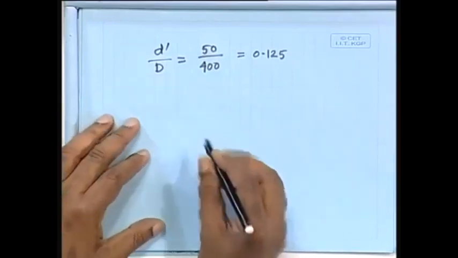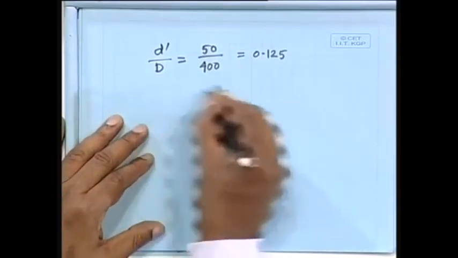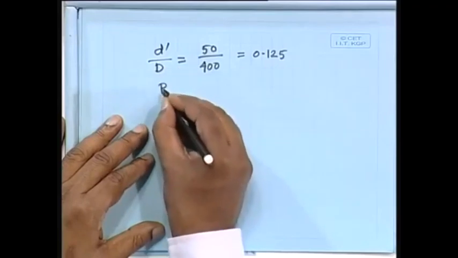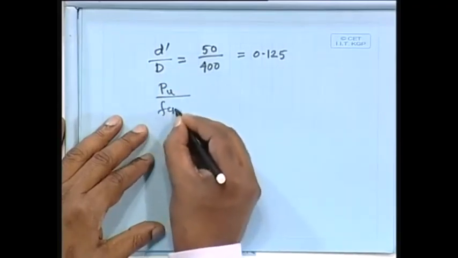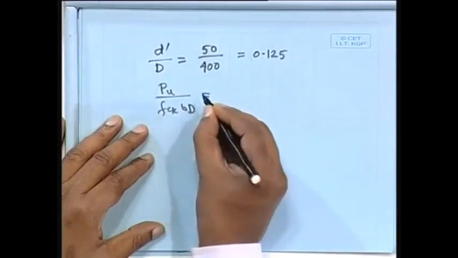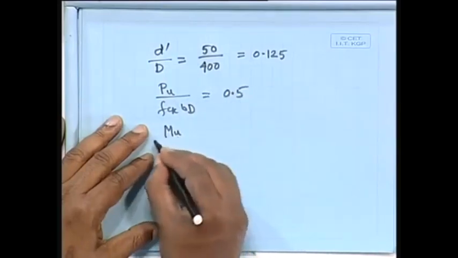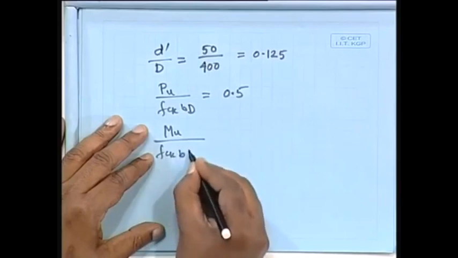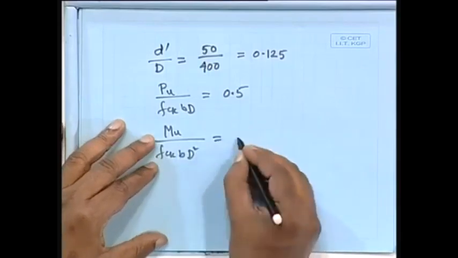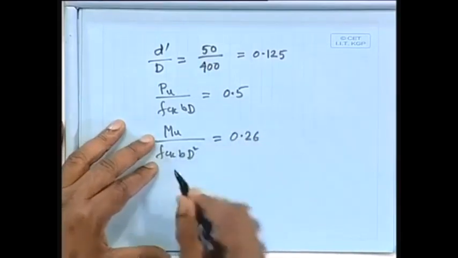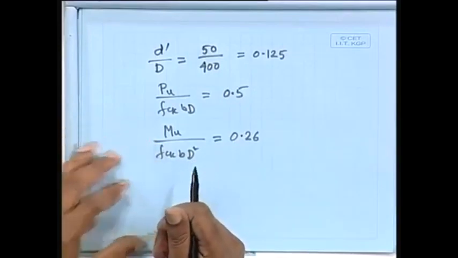Now let us show what we have. We have d dash by D, then we have Pu by fck bD, which is equal to, say, 0.5 that we have computed, Mu by fck bD square, that also we have found, that is let us say 0.26 only, let us take 0.2604, though we have computed.